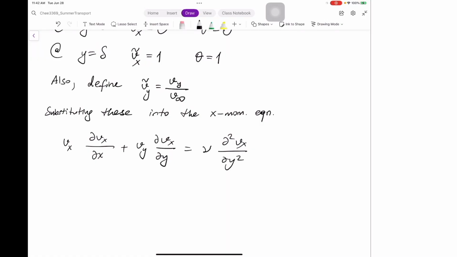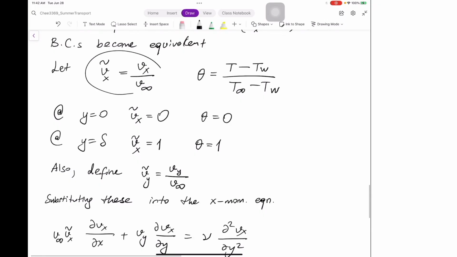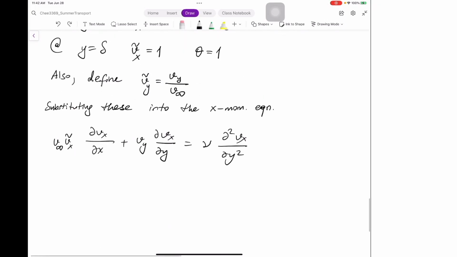But instead of Vx, let's write V infinity times Vx tilde, and for Vy, let's use V infinity times Vy tilde.